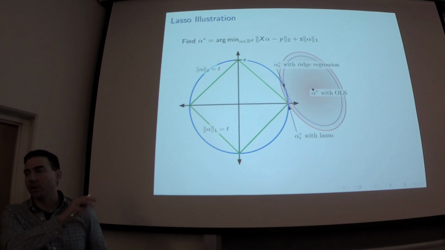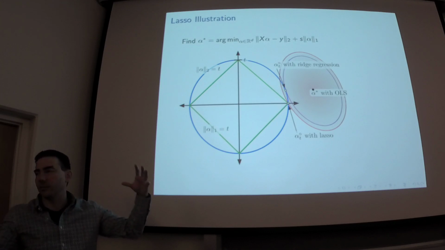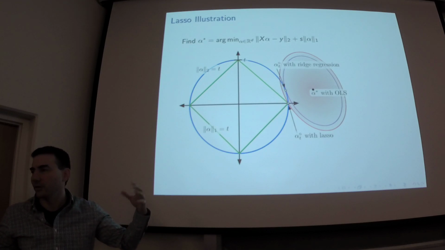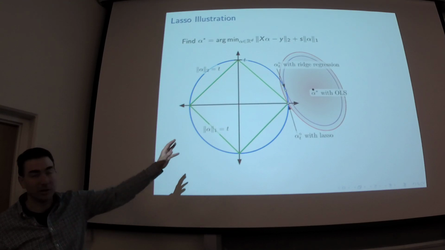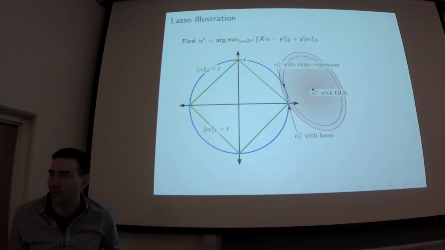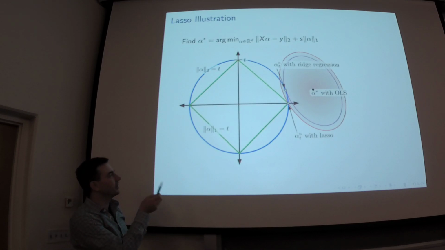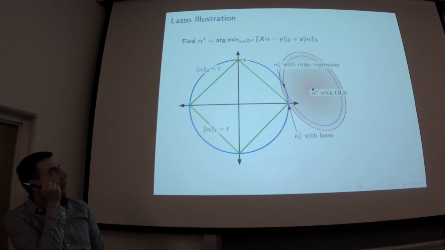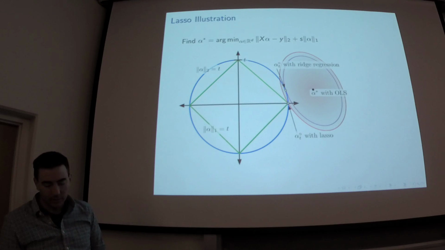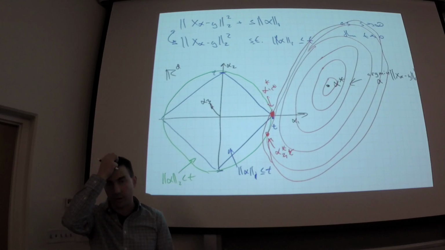The same argument works if you force this to be a circle instead of an ellipse. There is some ellipse which controls this. This is more of an intuition of what's going on. The danger of this is that, yeah, there's one important point here that does come up with this.